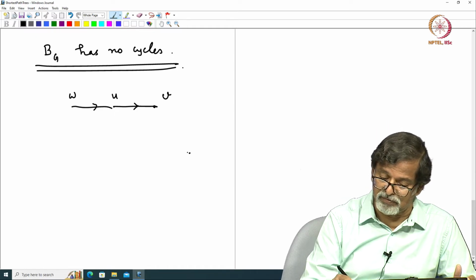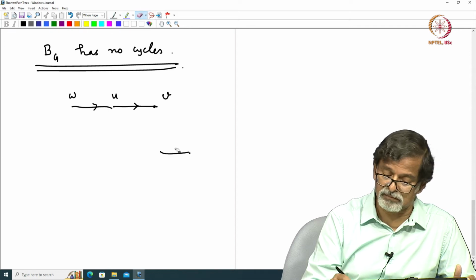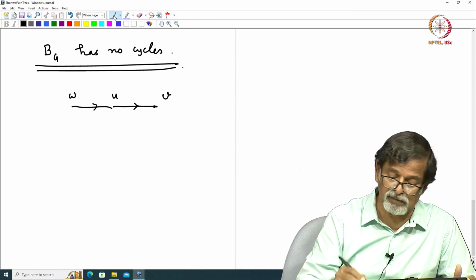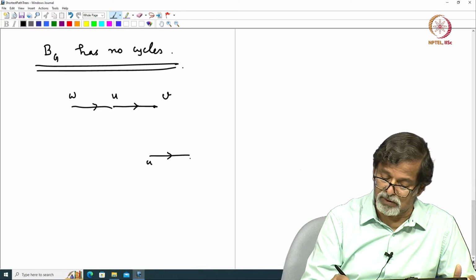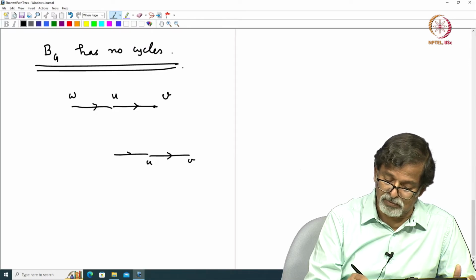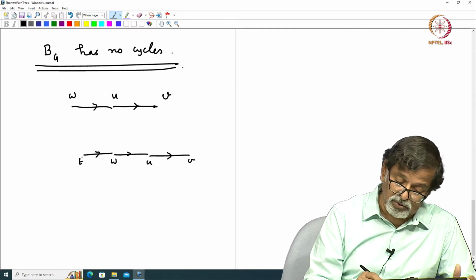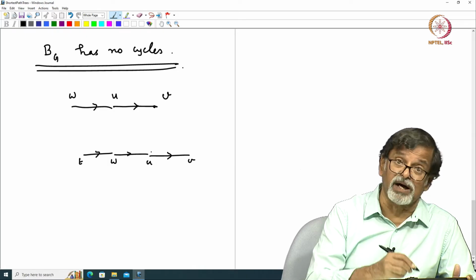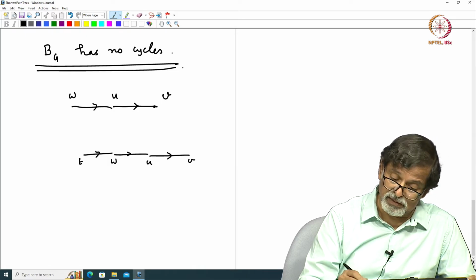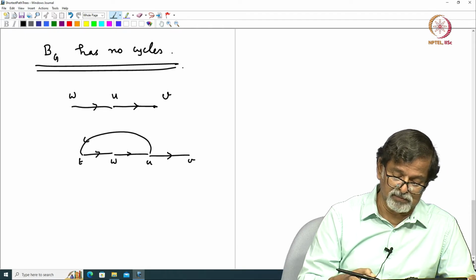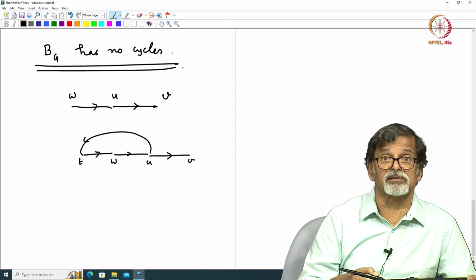Let us see, from U you have gone to V, from W you have come to U, and say from T you have come to W. But to T, suppose you have come from one of the already visited vertices, then it will be like this, and this is going to form a cycle.